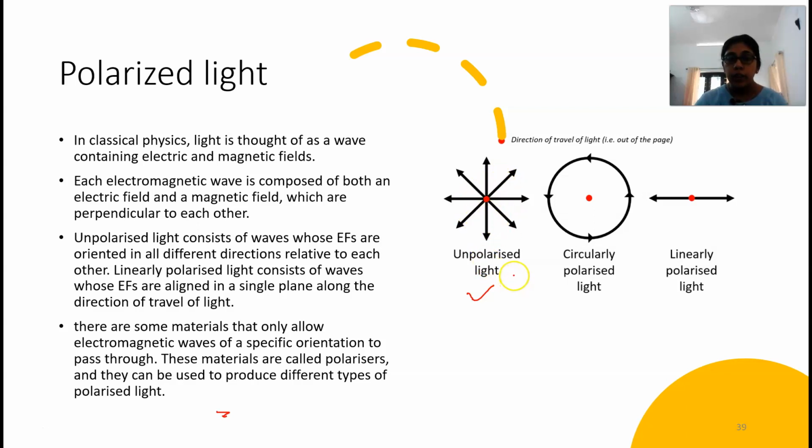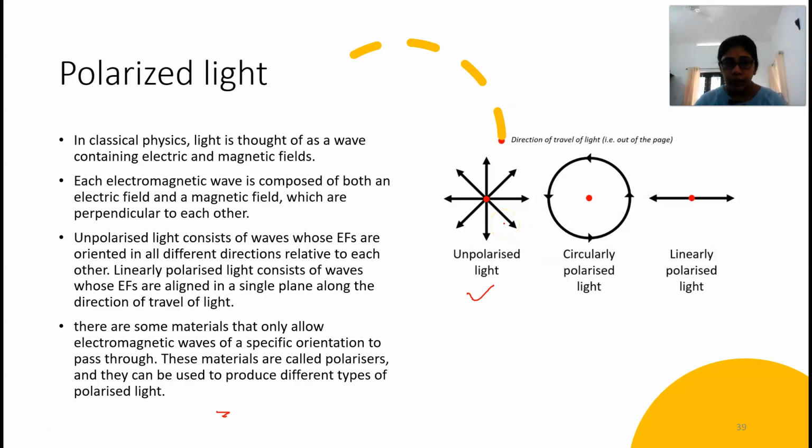When this is passed through a particular kind of crystal, or polarizers, you can convert it to circularly polarized light or linearly polarized light.